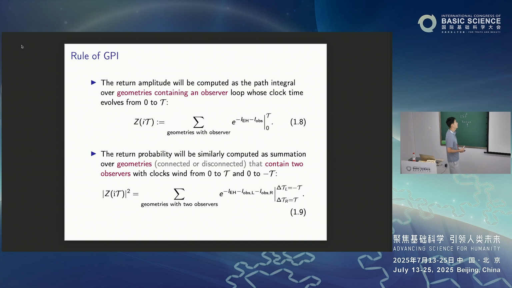In particular, in this work, the geometry contributing to the return amplitude will be a sphere including an observer. And the geometry contributing to the return probability will have the square of the sphere, but also a double cone geometry that I will explain.